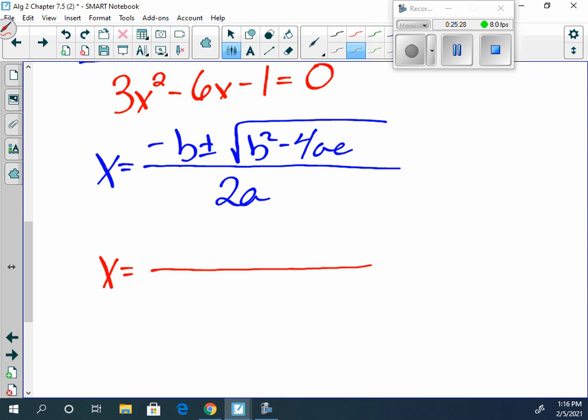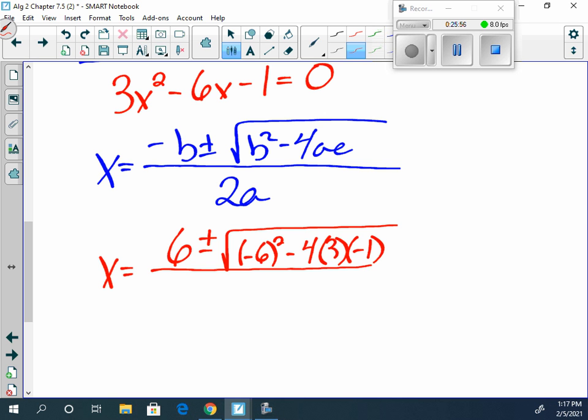So when we plug our terms in, negative b, well, that would be negative 6. Well, negative 6 is just positive 6. The negative and negative would make a positive. Plus or minus the square root of negative 6 squared minus 4 times a, well, a is 3, times c, which is negative 1.